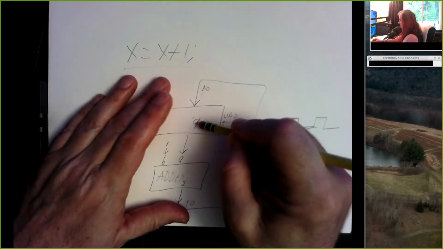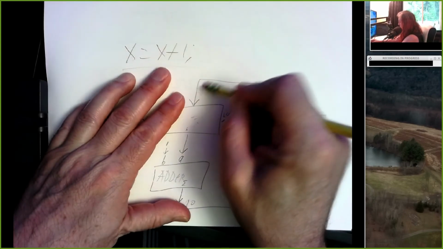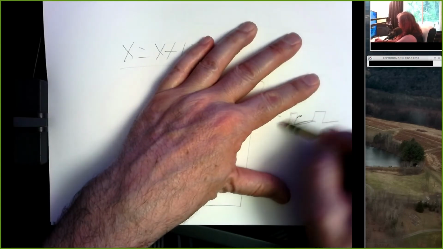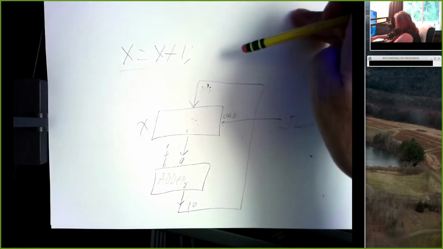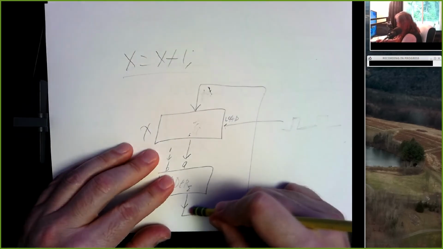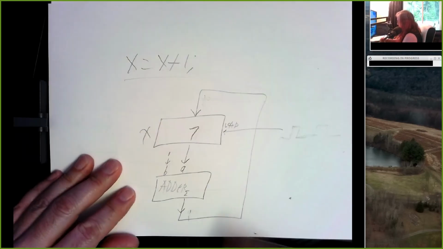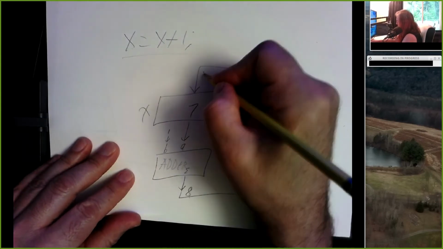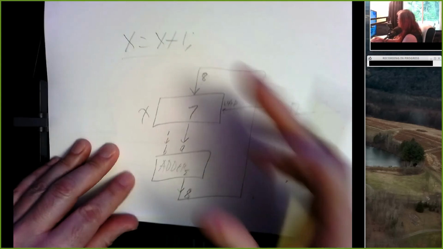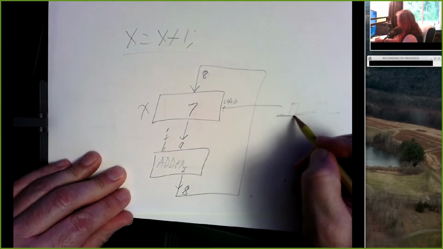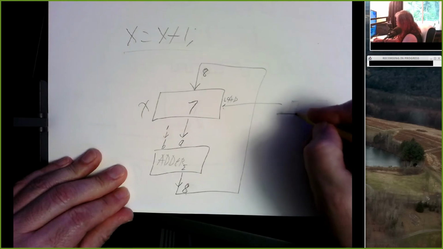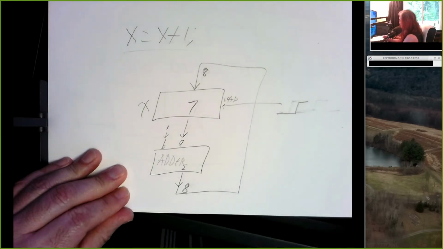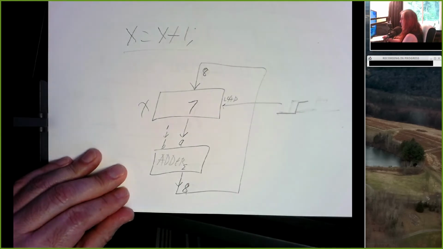So here's what actually happens. Let's go back to where x was equal to 7. And 7 plus 1 is 8, and so we have an 8 feeding the D inputs of this latch, and our load line is low. Okay, we want to execute this instruction, so our load line goes high. Well, what happens?